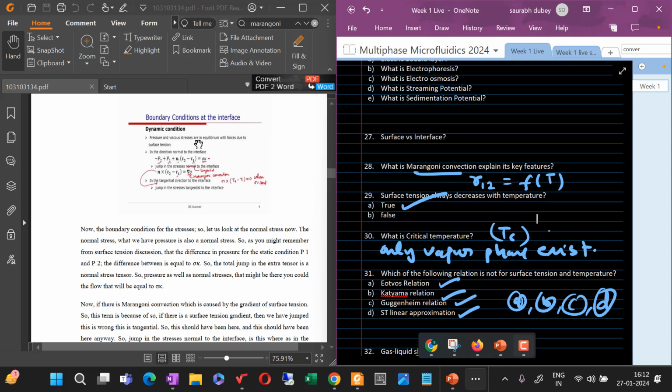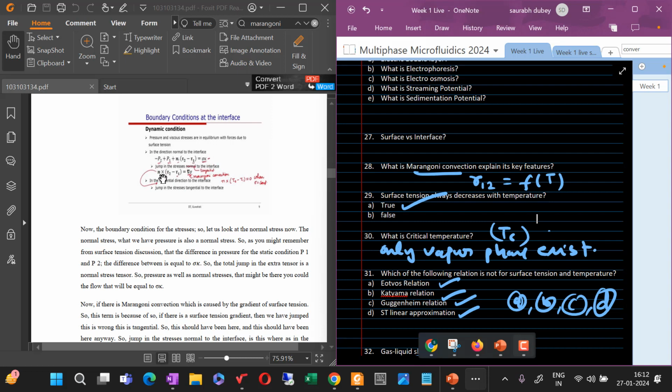This pressure and viscous stress is balanced by the force due to surface tension, which is gamma into curvature.